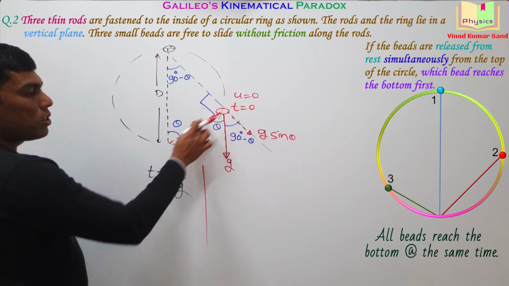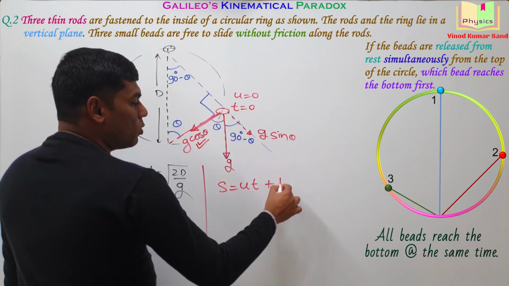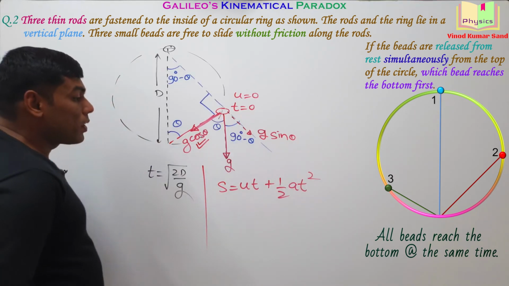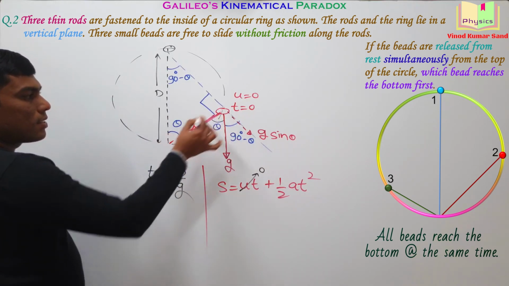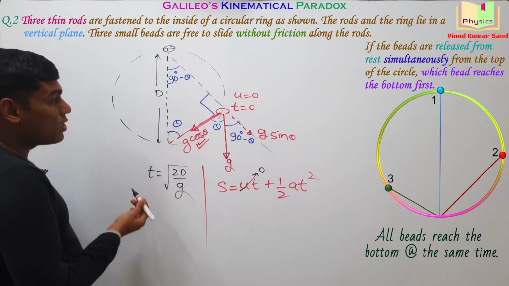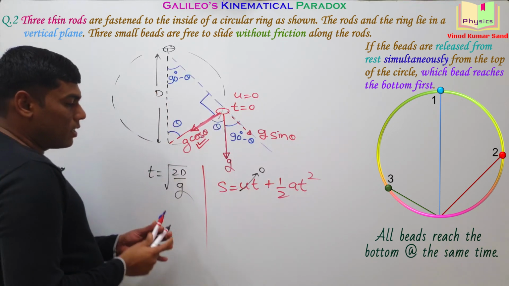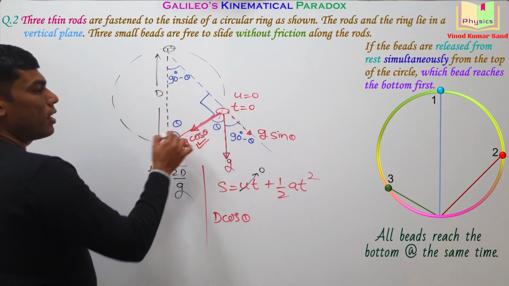I am doing the calculation for the red bead using the second equation of motion, S is equal to ut plus half at square. Okay, u is 0, so this part vanishes. The S, we need this distance. It's pretty easy. If this is d, then this red distance you can compute will come out to be d cos theta in this triangle.